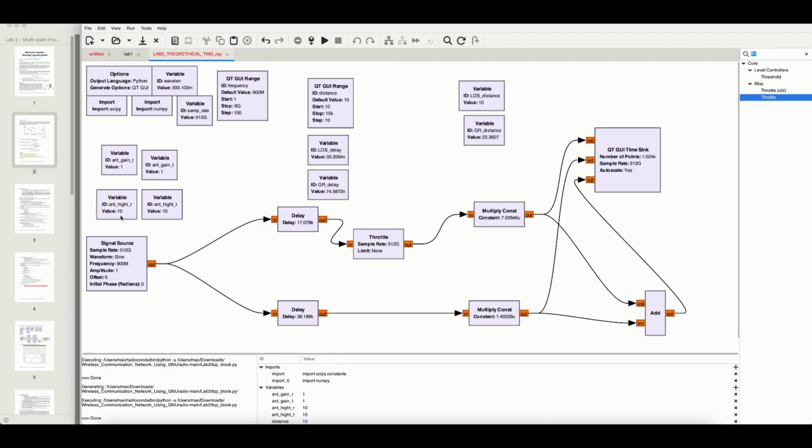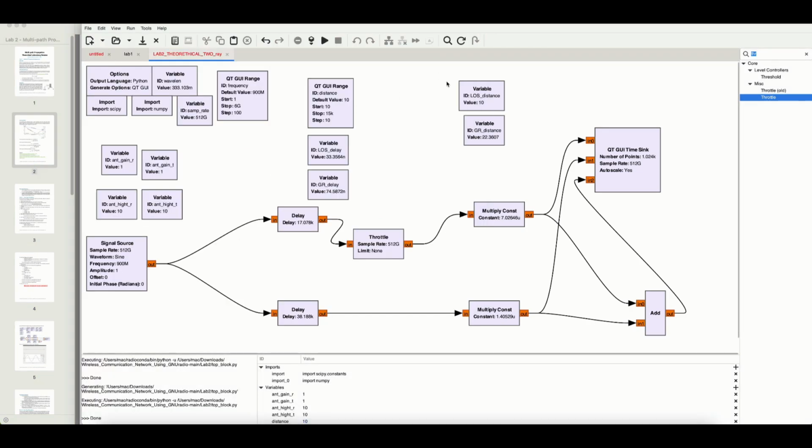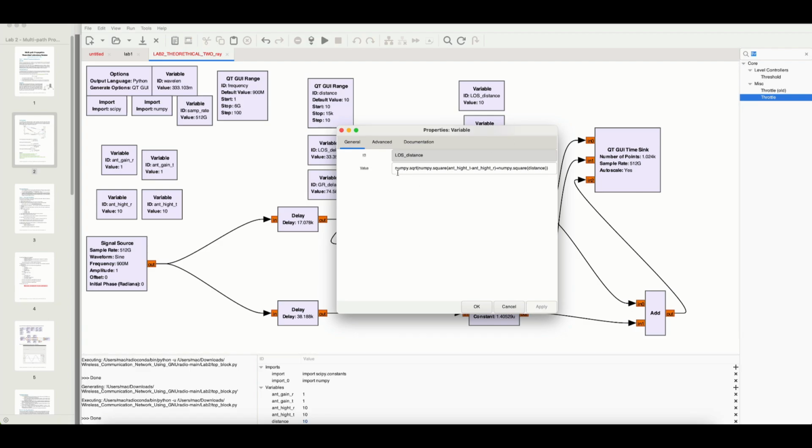Now, once these variables are done, let's discuss the line of sight distance and the ground reflected distance. This distance and this distance, we just calculated based on this formula. Line of sight is going to be the square root of (ht minus hr) squared. So you have numpy.sqrt.